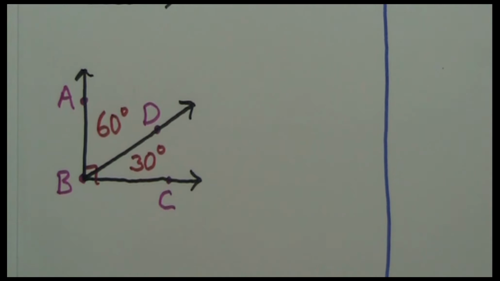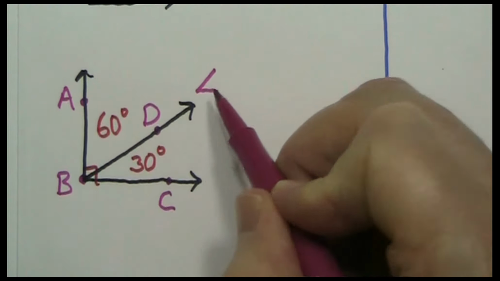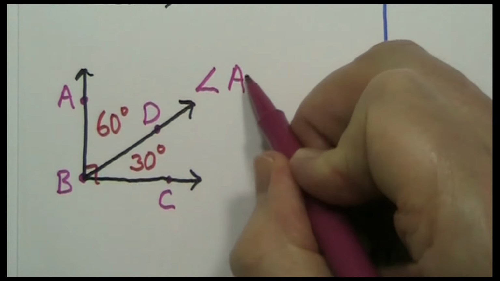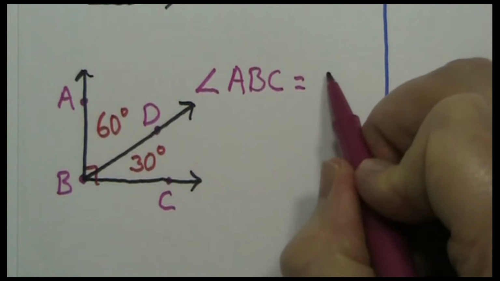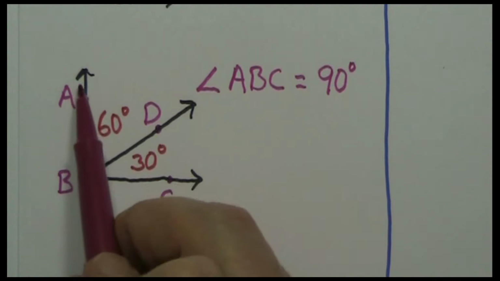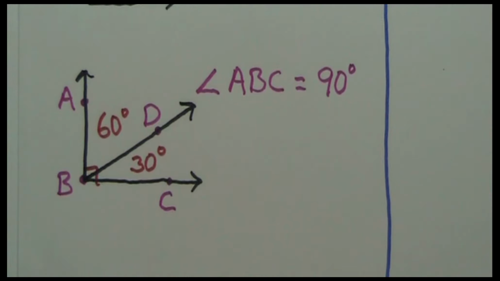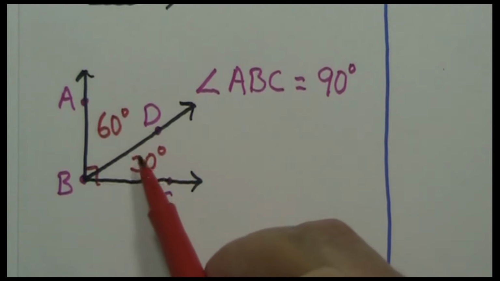And what we can say is that angle ABC, the big angle, is equal to 90 degrees. We know that because it's a right angle. So this angle, ABC, is 90 degrees. Now when we're writing equations, which we'll need to do, these two little angles add up to 90 degrees.